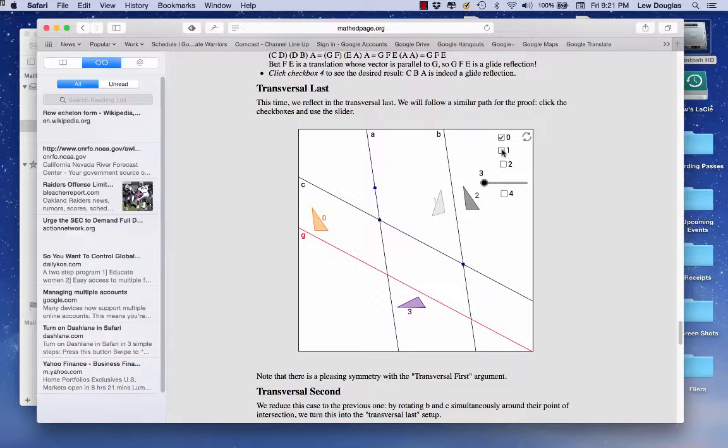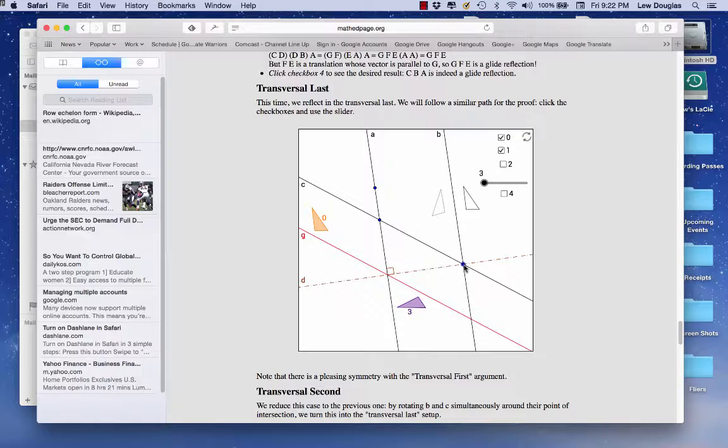All right, how do we construct G? It's kind of interesting because it has to involve all three lines. So the method is this. You take the intersection of B, the second line, with the transversal, and that intersection is a point. So we've used B and C so far.